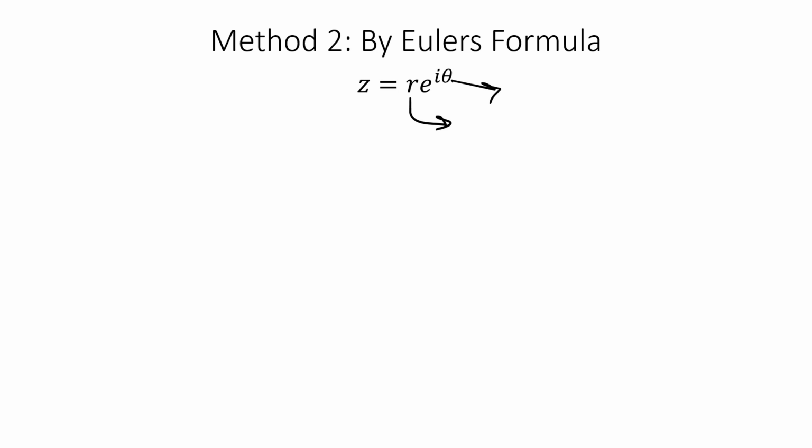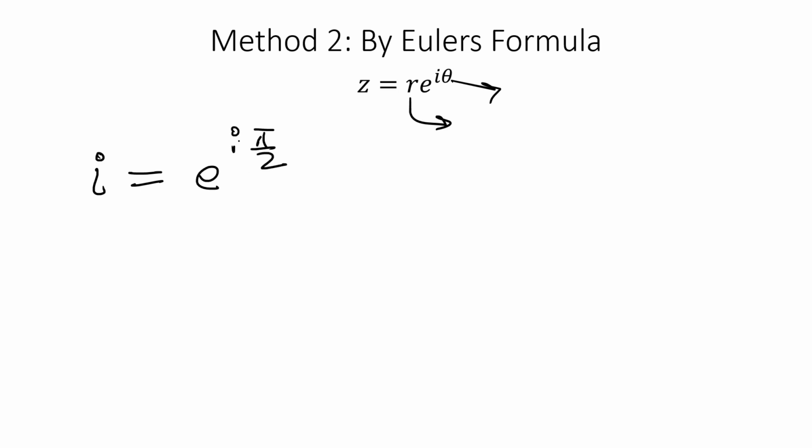We are not going to discuss these terms in this particular video. I'll make another video for that. But for now, we can use this idea. We know that the complex number i can be written as e raised to the power i pi by 2.